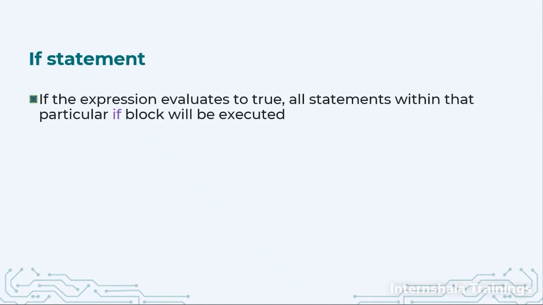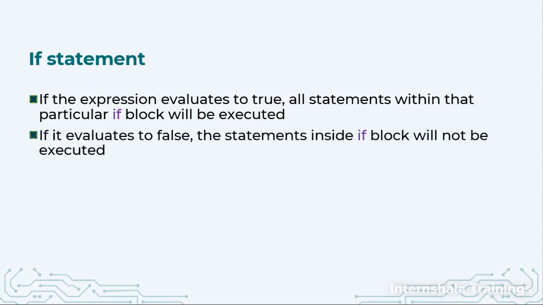The simplest one is if. If the expression evaluated is true, I am saying I am looking at a sensor value and that is true, then I write a set of statements to do when it is true. So we will write a block and there we will write the set of statements.